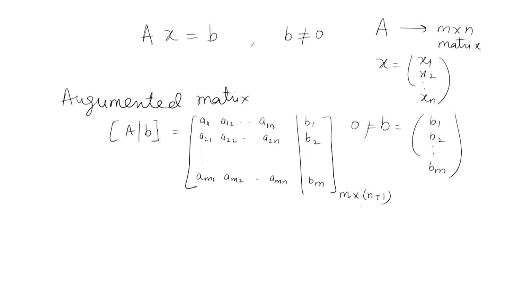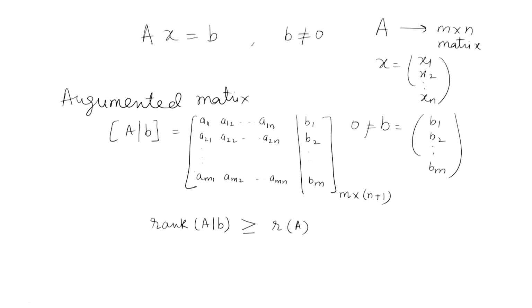Now, of course, if you find the rank of the augmented matrix, it will always be greater than or equal to the rank of A. Why is it always greater than or equal to? Because the augmented matrix has a higher order than the order of A. A is simply of order m cross n, and you add one more column to the A matrix to get the augmented matrix.